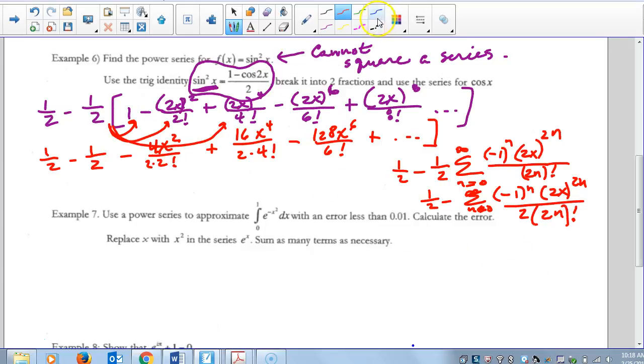And let's just check to make sure the first term works. So 1/2, of course, is going to work. Minus, if I put a 0 in for this, I'm going to have -1 to the 0, 2x to the 0 over 2 times 0 factorial. So that's going to be 1/2 minus 1 over 2.